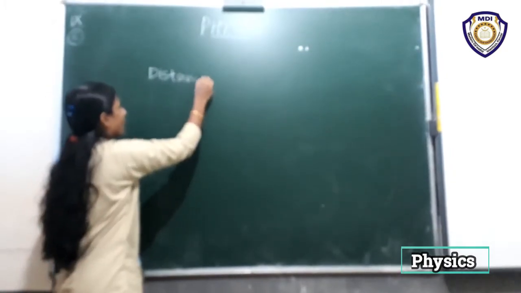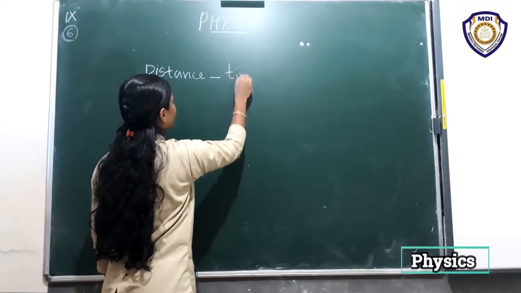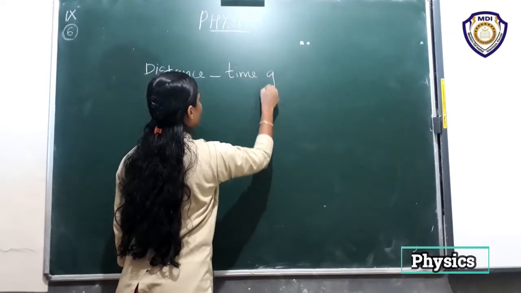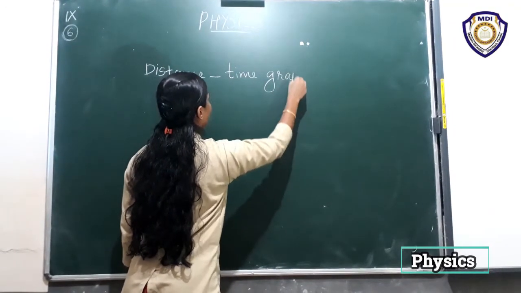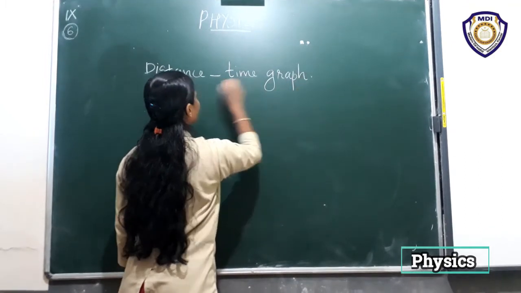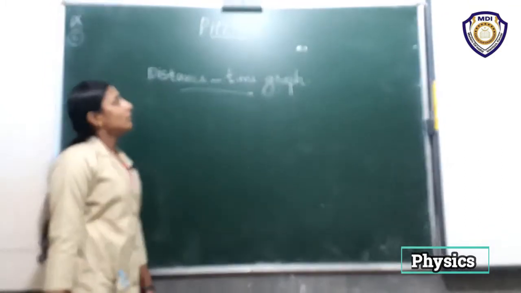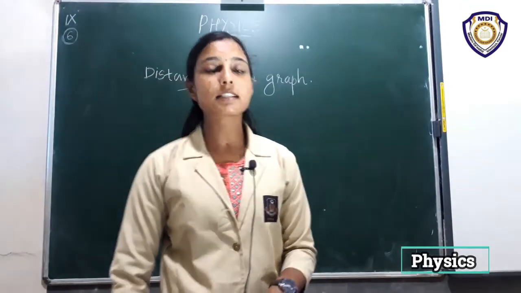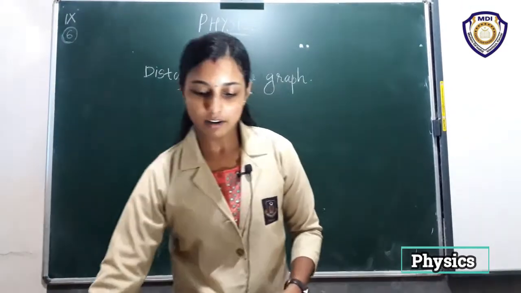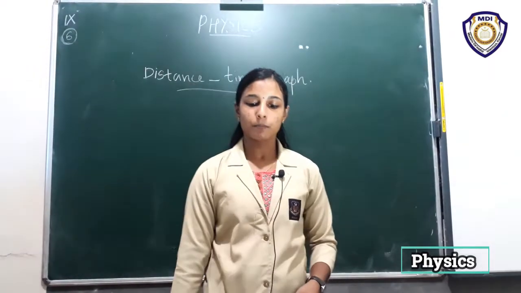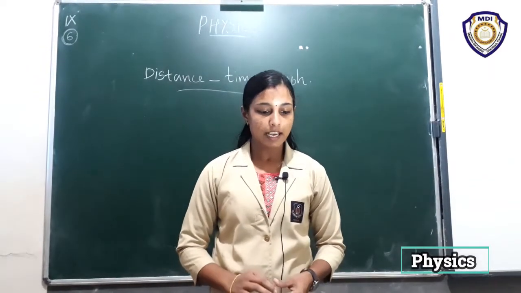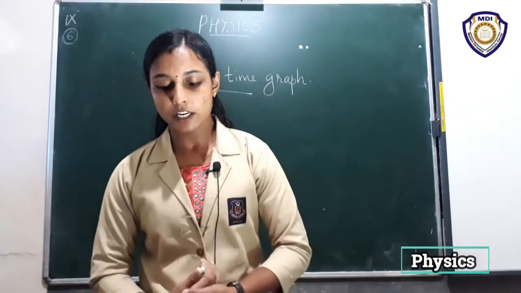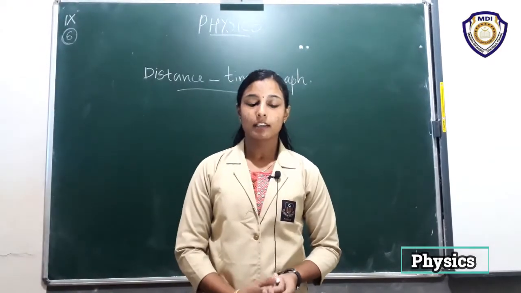We are going to study the distance-time graph. Okay? So let us look at what it says. The distance-time graph says what? The change in position of an object with time.